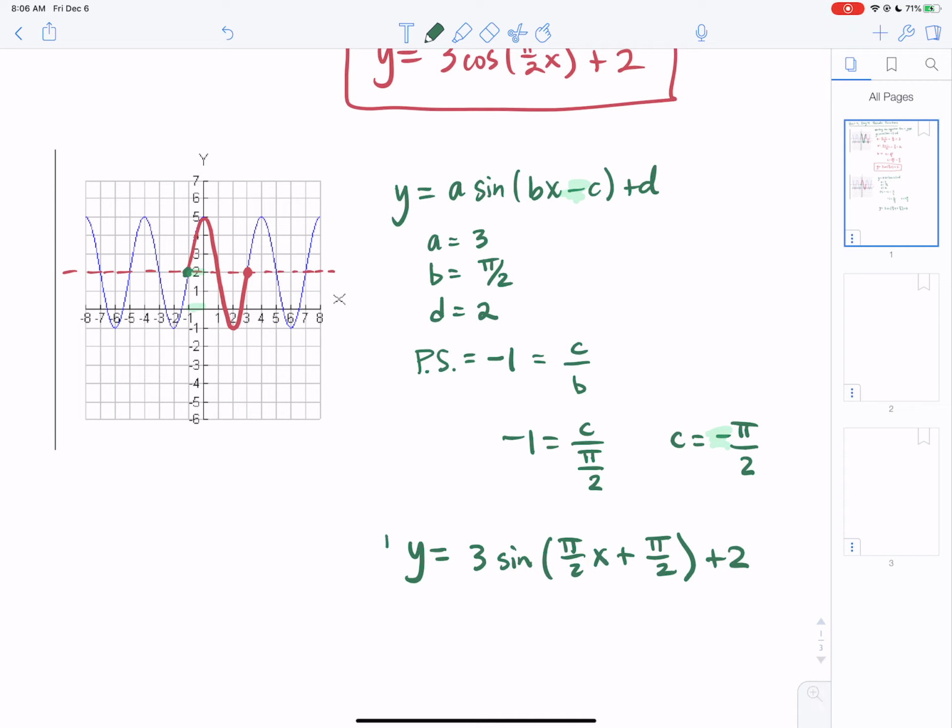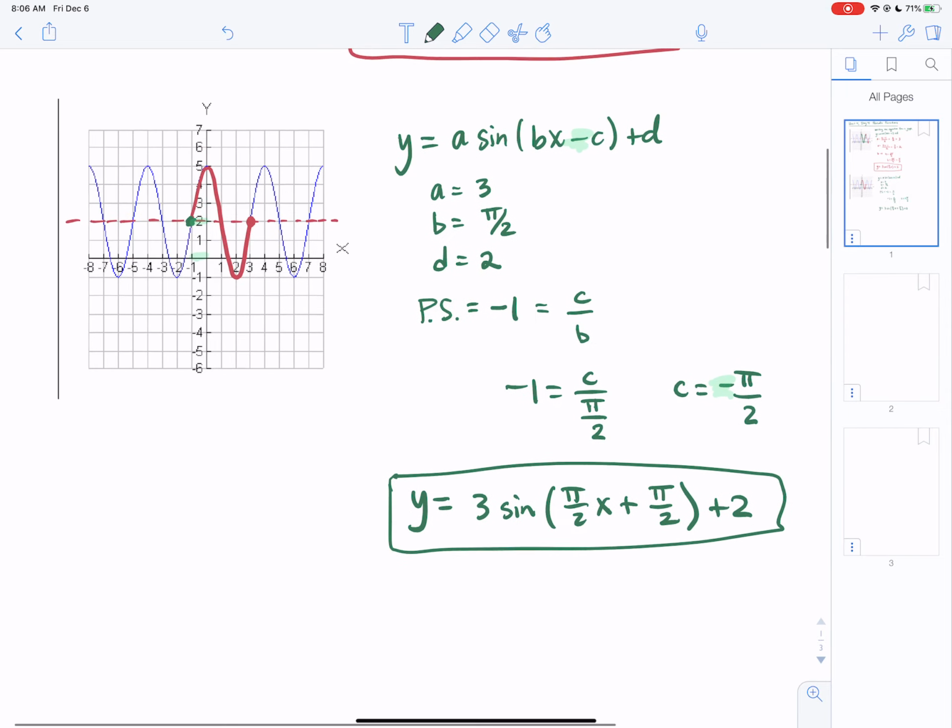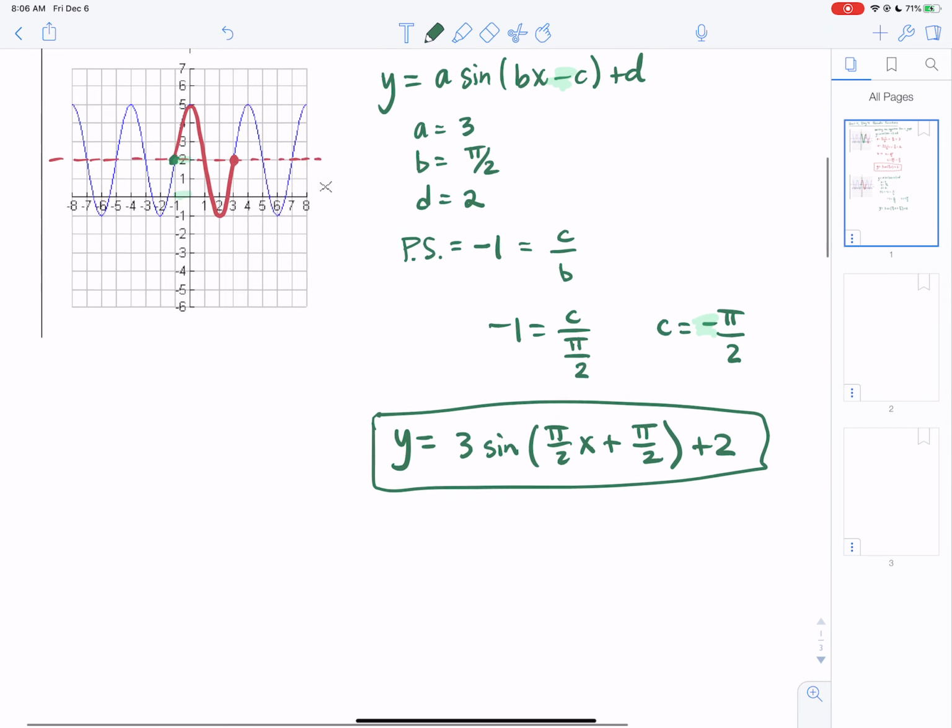Okay, so that is our equation. So hopefully that gives a nice little follow-up to our investigation.